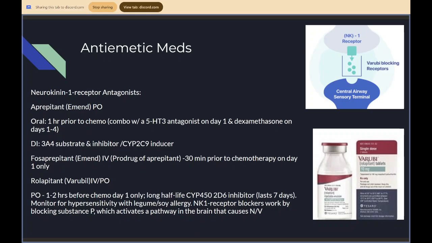It has a very long half-life, lasts up to 7 days. It is a 2D6 inhibitor. If a patient has a legume or soy allergy, monitor for hypersensitivity. It blocks substance P, which activates a pathway in the brain that causes nausea and vomiting.